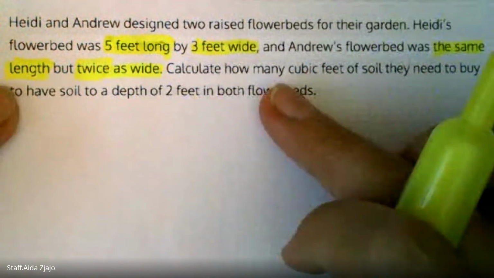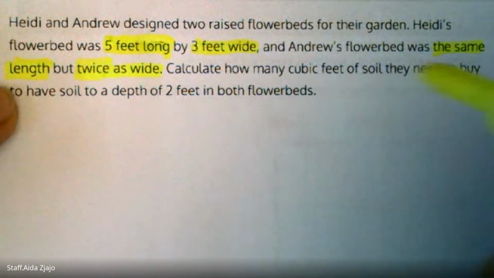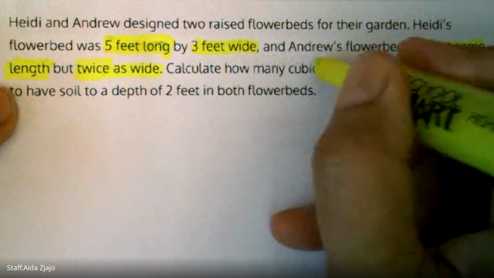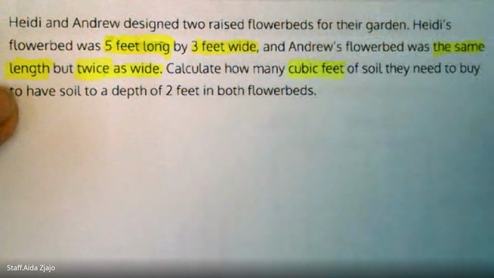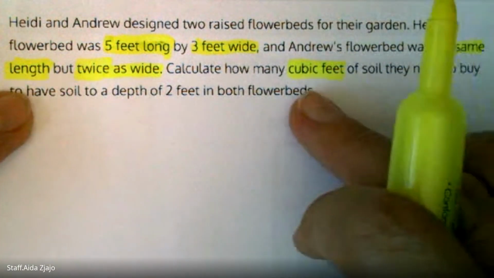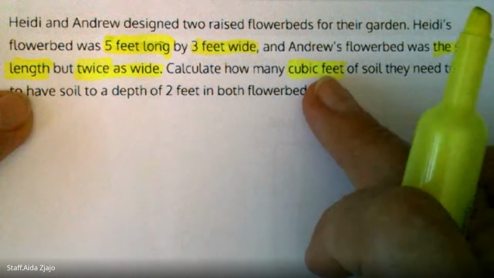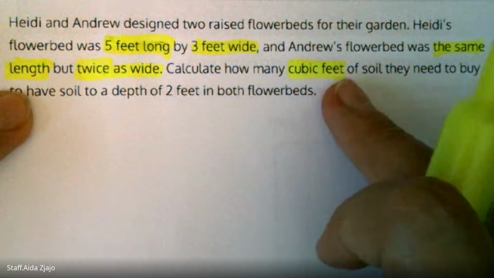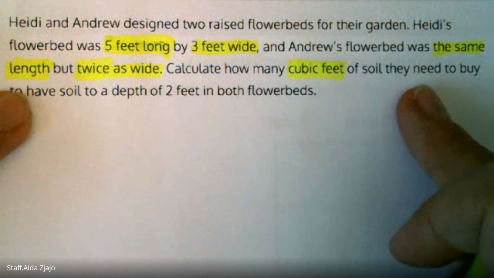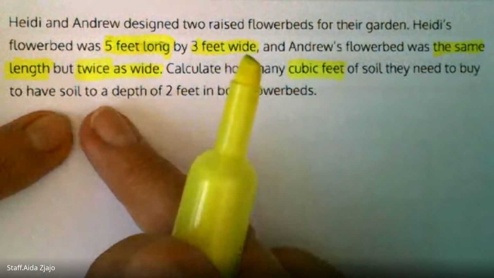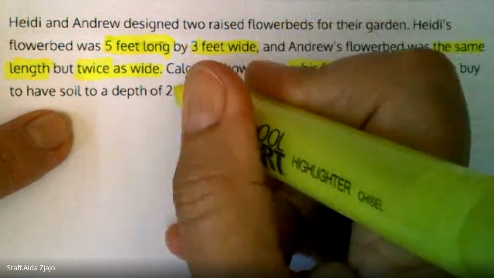So calculate how many cubic feet. So the answer has to be in cubic feet of soil. When you see cubic, it means we need to calculate how many cubes of soil they need to buy to have a soil depth of 2 feet.